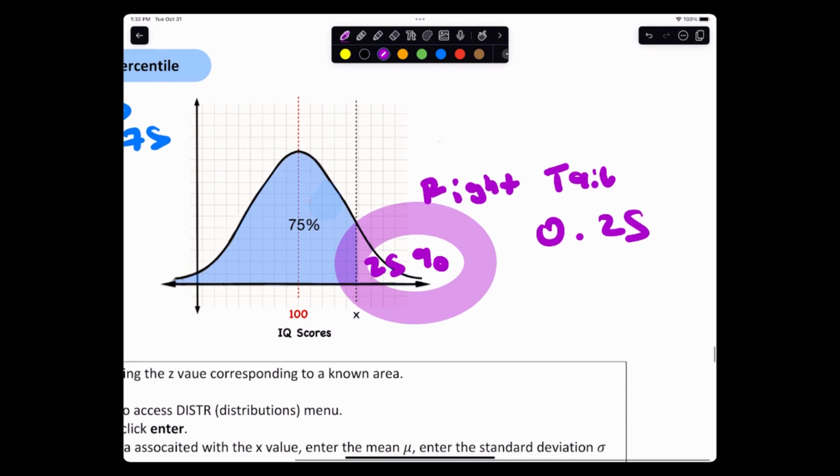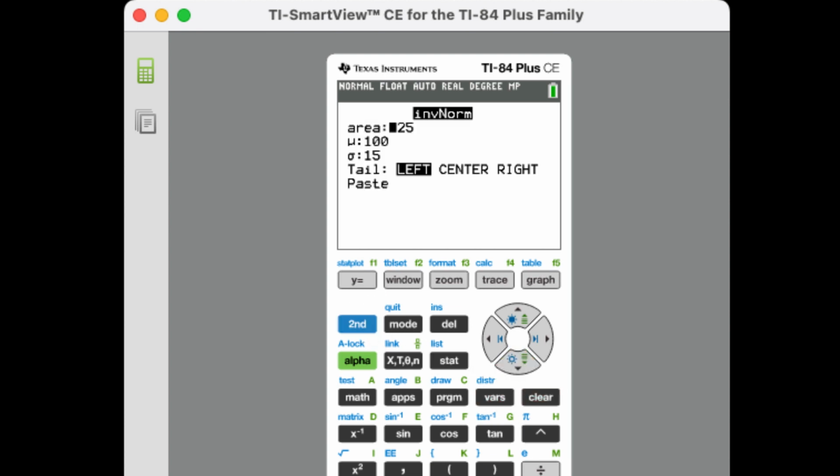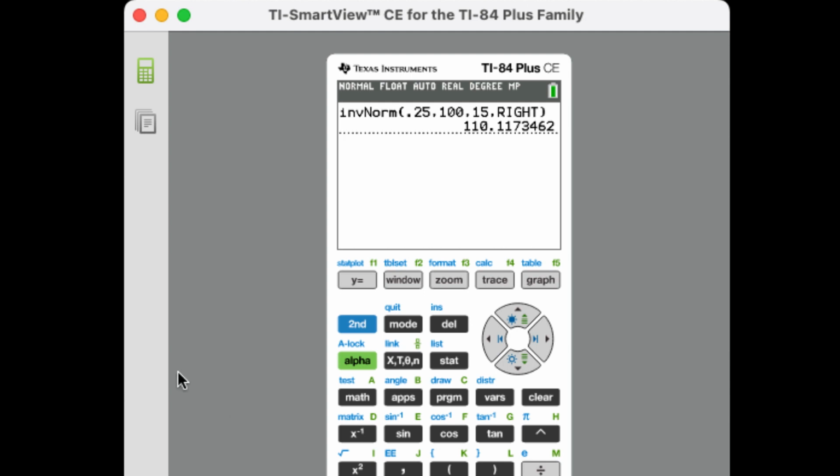0.25. So if you had that calculator that I have, you say second distribution, inverse norm, it's still on 25%, but now it's what kind of tail? Switch it to right now, 25% right tail, and you get the answer, which is 110.